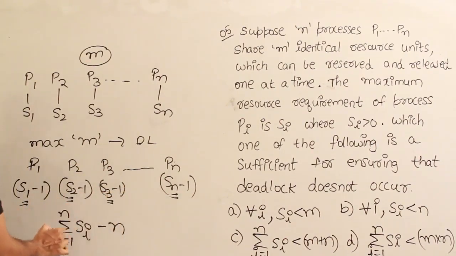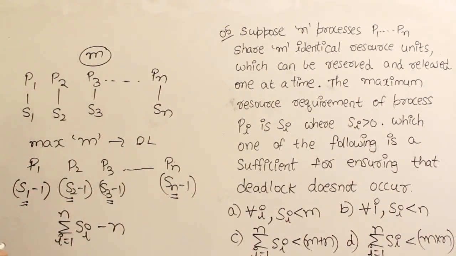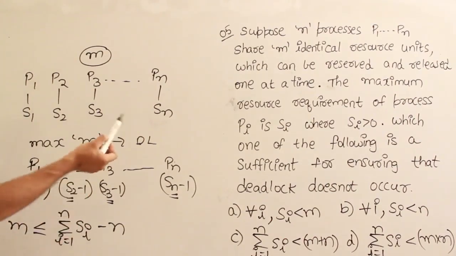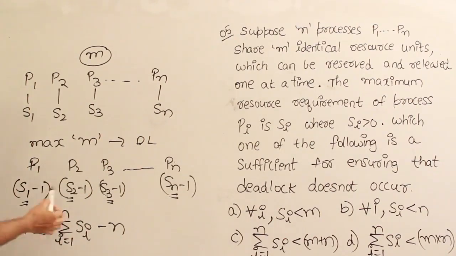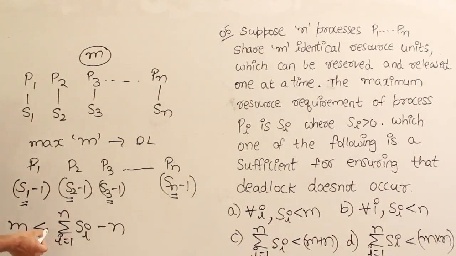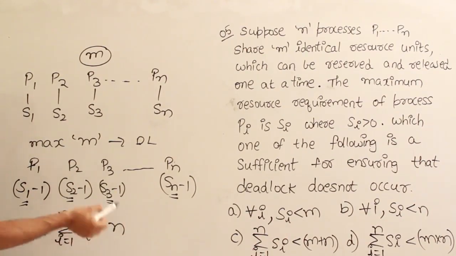So even if I have this many resources, the system can still be in deadlock, right? Which means if the number of resources is less than or equal to this number, the system can still be present in the deadlock. If there has to be no deadlock, that is what they are asking, then the number of resources should be greater than this.